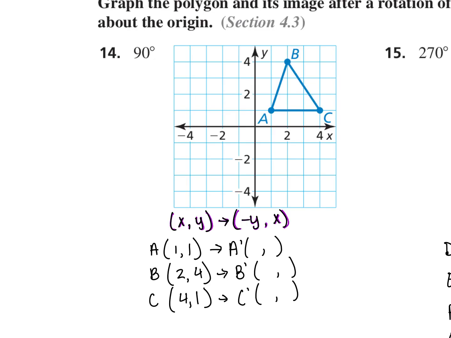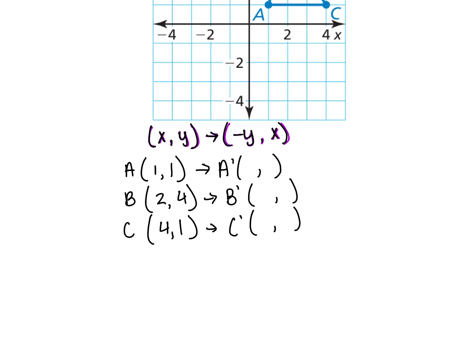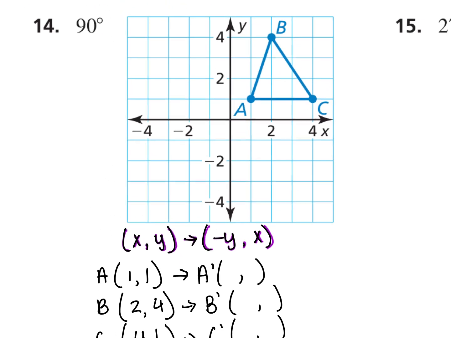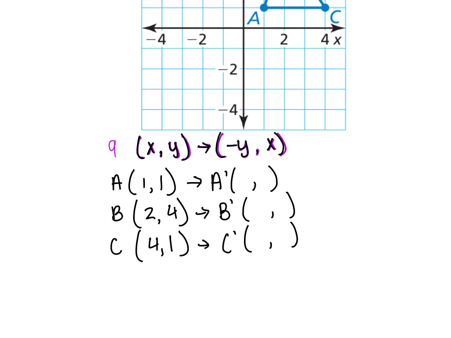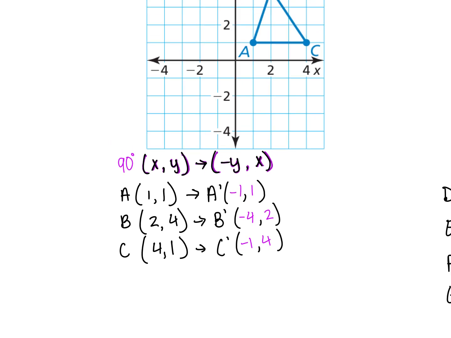I wrote the rule and I'm going to write the coordinates again just so it's easier for me to graph. So this is a rotation of 90 degrees. For this one, it's going to be -1, 1. This is going to be -4, 2. This is going to be -1, 4.